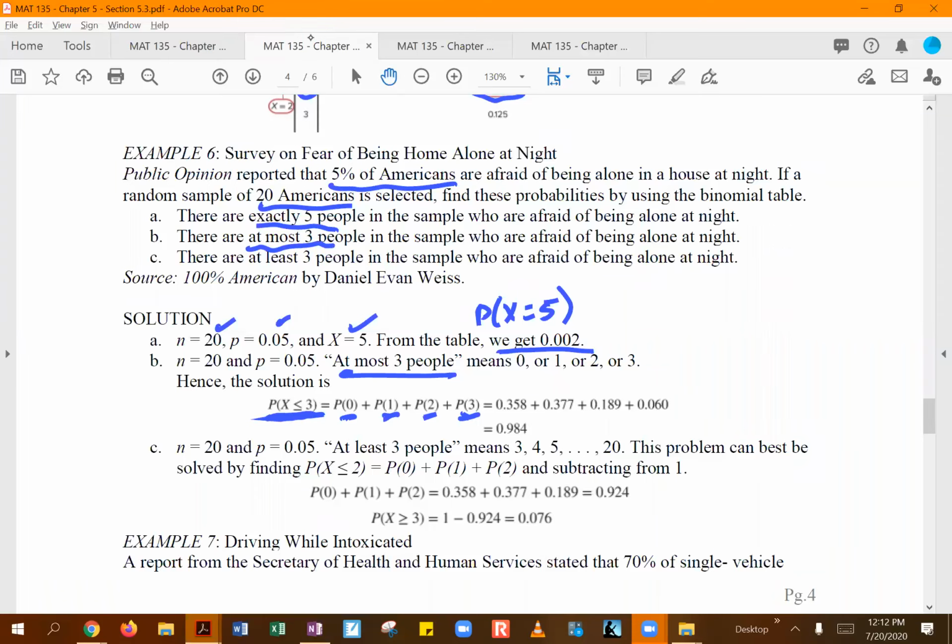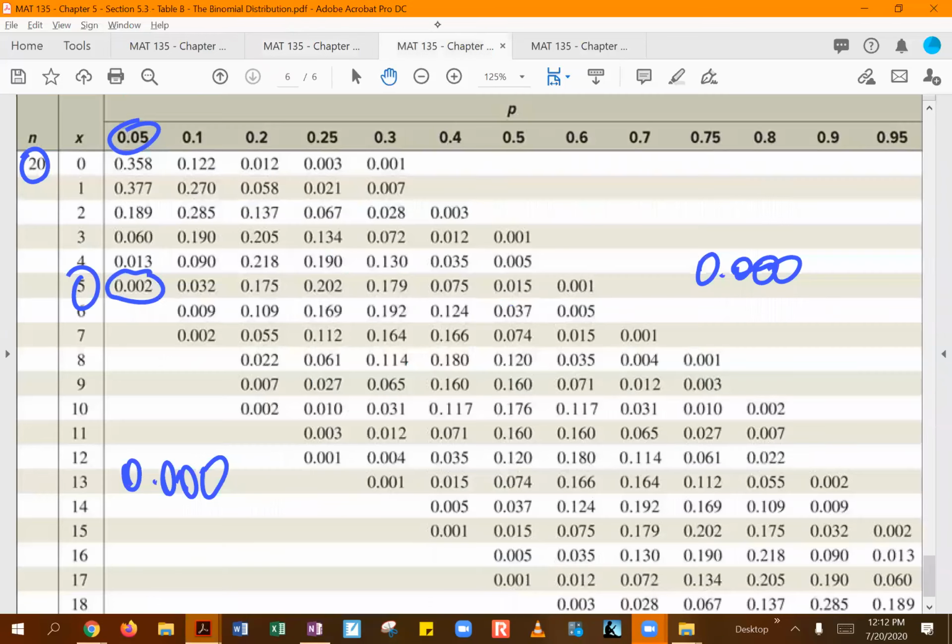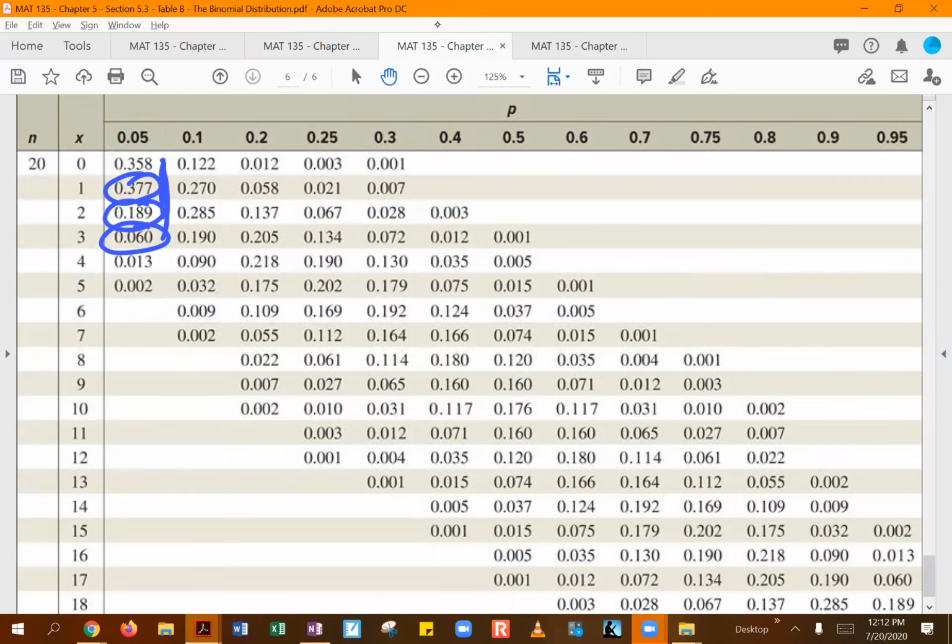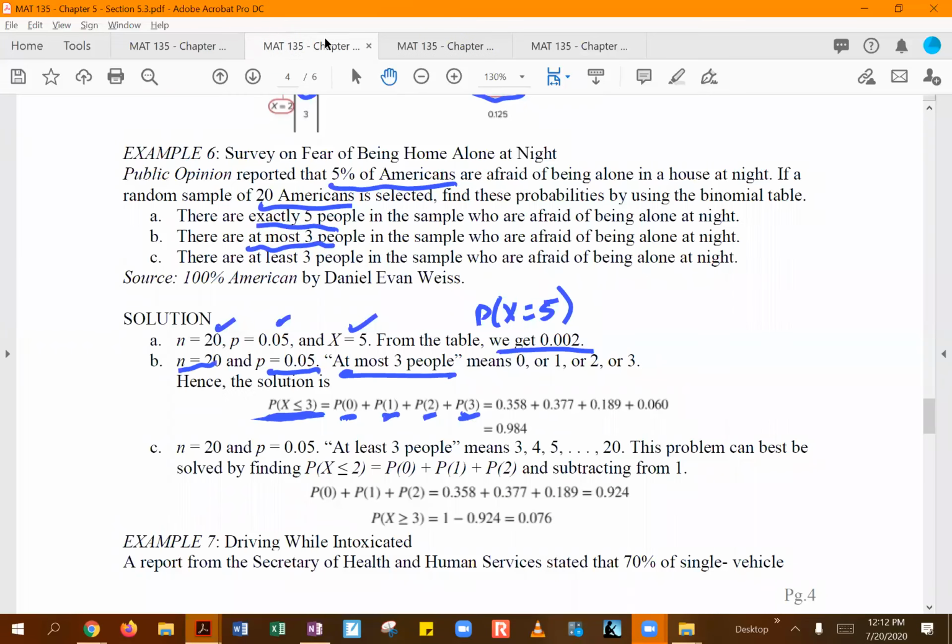So you would then have to do n equals 20. Of course, probability is still 0.05, but now you would be taking the values for 0, 1, 2, and 3. So you would be taking all 4 of these values and adding them together.